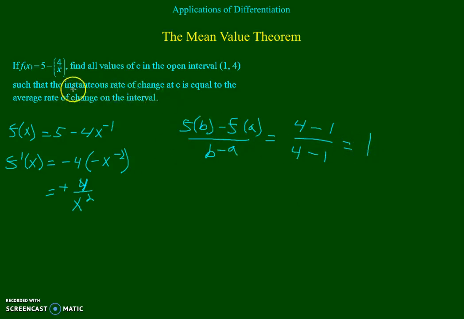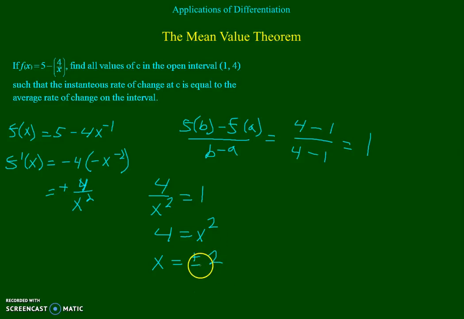And we're looking for where the instantaneous rate of change is equal to the average rate of change. So we're looking for where the first derivative, 4 over x squared, equals 1. 4 equals x squared. X equals plus or minus 2.